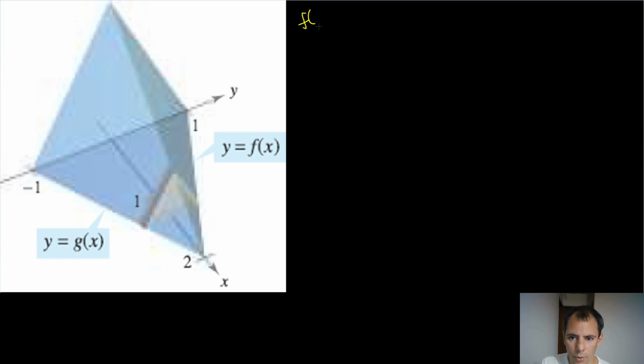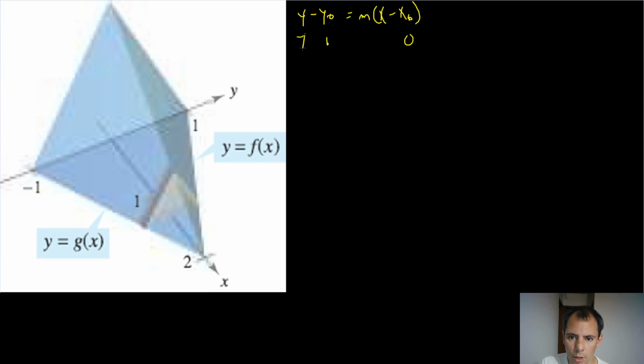What we're going to do is use the point-slope equation to find out what it is. I'm going to use this point here, which is the point (0, 1). Remember the point-slope equation: y minus y0 equals the slope times x minus x0. This is from high school math. Here y0 is going to be 1 and x0 is going to be 0, because I'm talking about this point here.